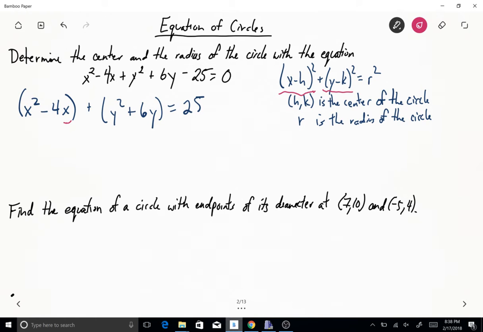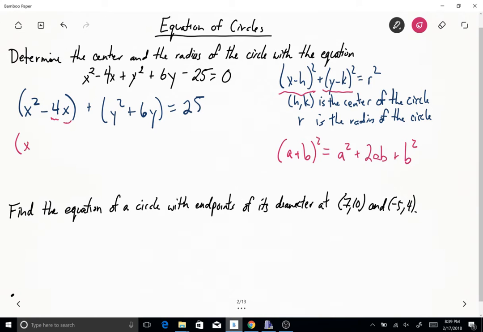So how do we do that? Well, if you recall, if you have a plus b, the quantity squared, that is a squared plus 2ab plus b squared. So notice, anytime we have some quantity squared, we're going to get twice the middle term being a product. So the way we do that, you see this 4 here, we can take half of that, right?